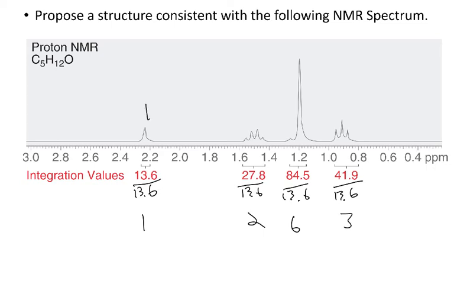So I've got relatively 1 hydrogen, 2, 6, and 3. And I want to see, is this just the relative numbers, or is this the actual numbers of hydrogens that I have? So 1 plus 2 is 3, plus 3 is 6, plus 6 is 12. So not only are these the relative numbers of hydrogens, but these are also the exact numbers of hydrogens that I have.